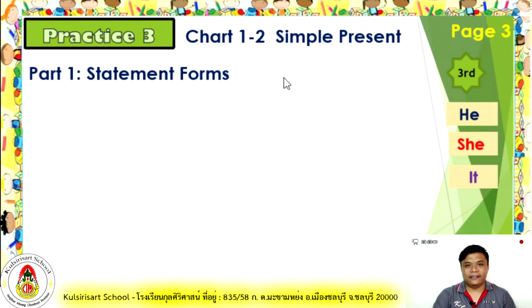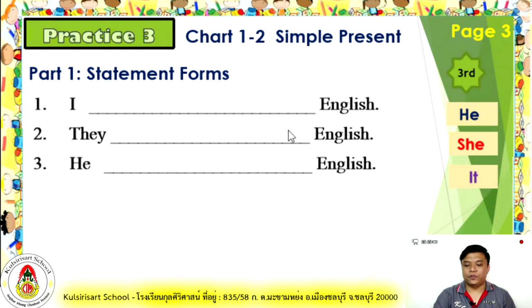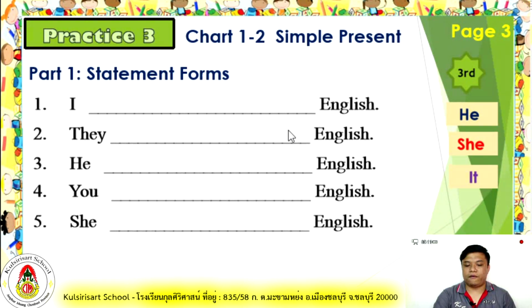Okay, let's look at practice number 3, chart 1-2, simple present, part 1, statement forms. We have here number 1, 2, 3, 4, 5. Okay, I blank English. So number 1, please. Number 1 example: I speak English.